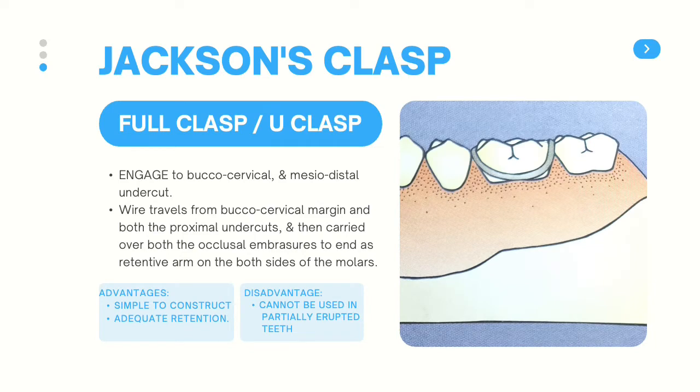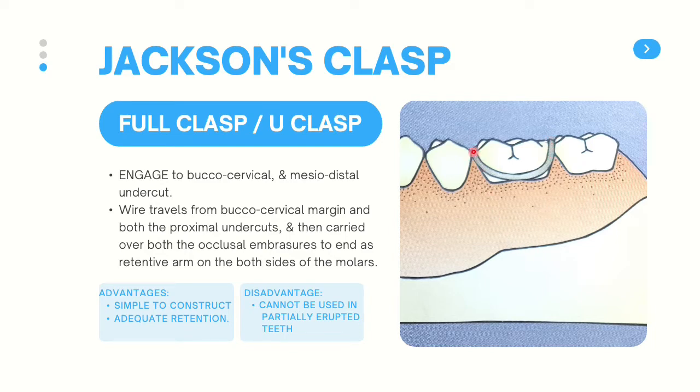The next one is the Jackson clasp, also known as the full clasp or U clasp. It's called a U clasp because the shape is a U, and full because it covers all the undercuts. It engages the buccocervical and mesiodistal undercuts. The wire travels from the buccocervical margin and both proximal undercuts, then is carried over both occlusal embrasures to end as a retentive arm on both sides of the molar.